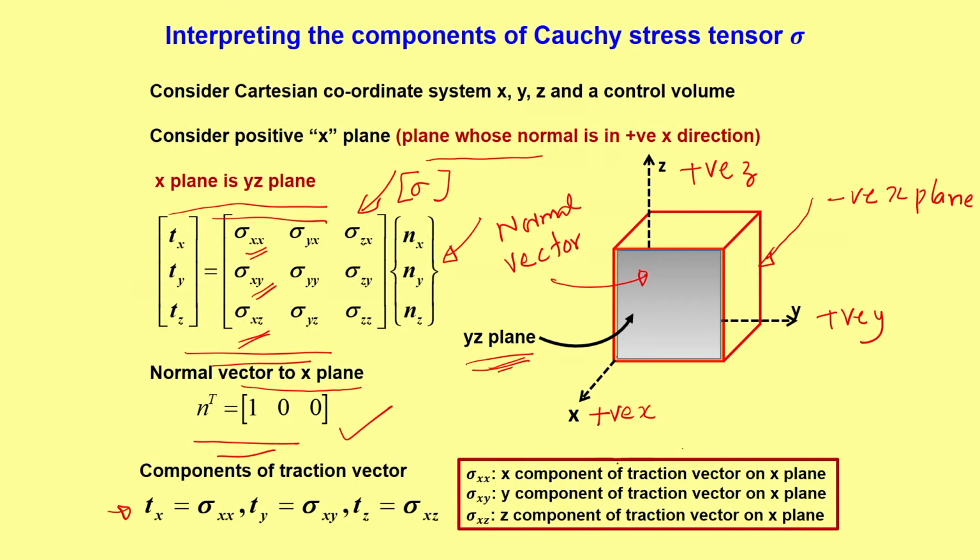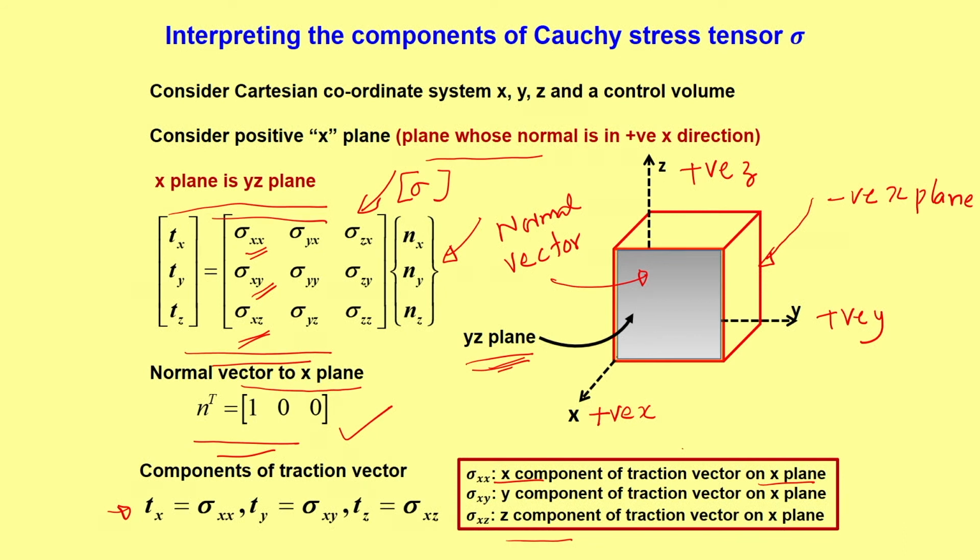So, there are two references which are coming, and that is why we said that there are two directions. It is the x component, that is the traction vector is in the x direction and it is acting on x plane. So, there are two things which are coming. Similarly, you have sigma xy. Sigma xy is the y component of traction vector acting on x plane. Similarly, you have z component of traction vector acting on x plane.